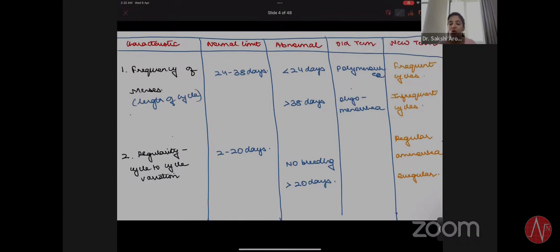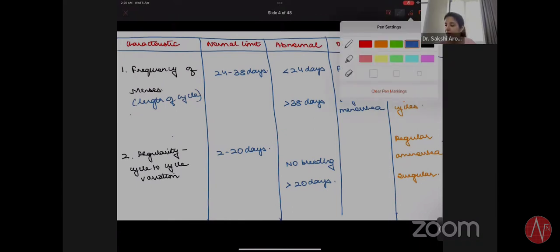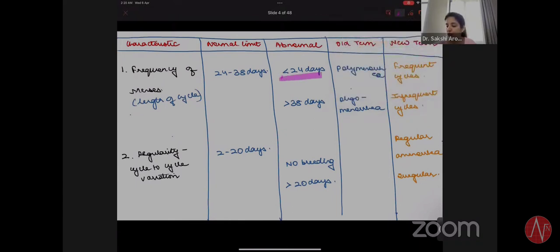If the length of the cycle is less than 24 days, earlier हम इसको कहते थे polymenorrhea, right? अब हम पॉलीमेनोरिया, ओलिगोमेनोरिया, मेनोरेजिया टर्म्स यूज नहीं करते. अब इंस्टेड ऑफ पॉलीमेनोरिया यू आर गोइंग टू से फ्रीक्वेंट साइकिल्स.